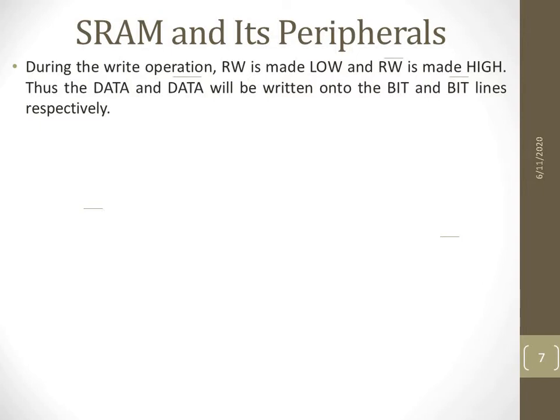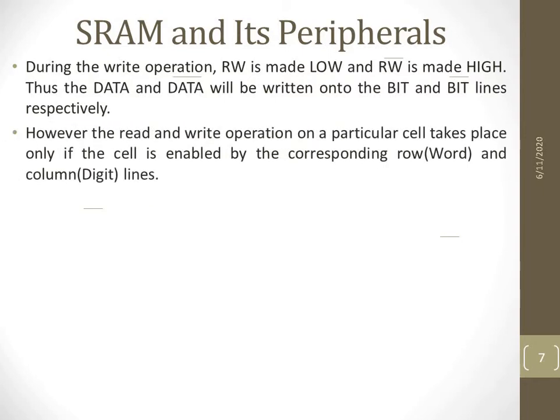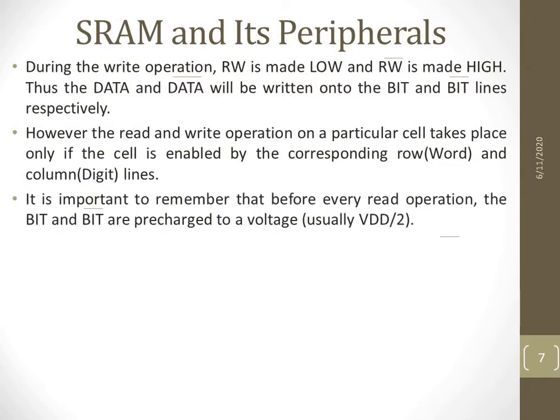Thus the data and data bar will be written onto the bit and bit bar lines respectively. That means we will be writing either through the bit line or through the bit bar line. However, the read and write operation on a particular cell take place only if the cell is enabled by the corresponding row, that means word, and column, that means digit or bit.